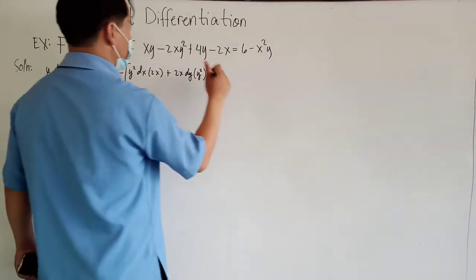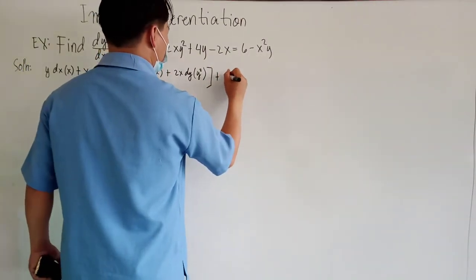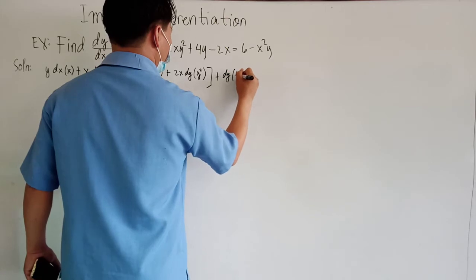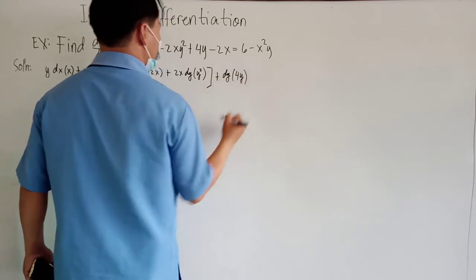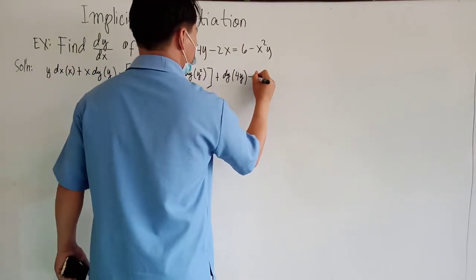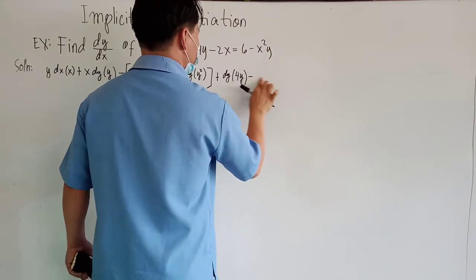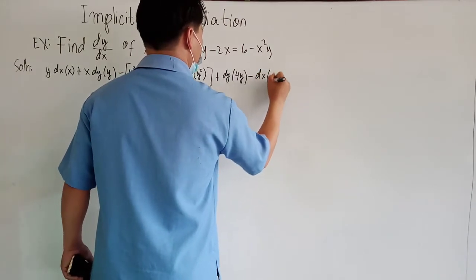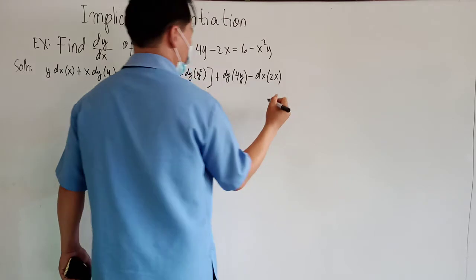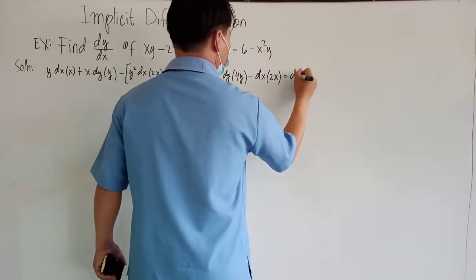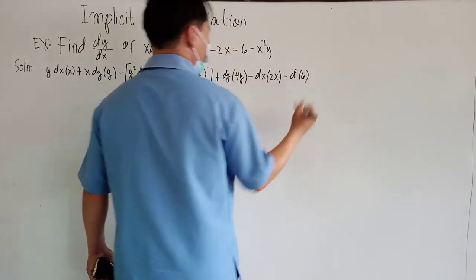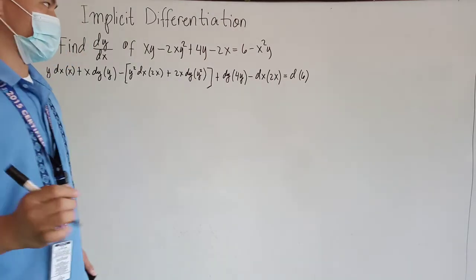Plus we have also here 4y, dy of 4y. Minus 2x, or dx of 2x. Is equal to, the 6 still has to be derived.